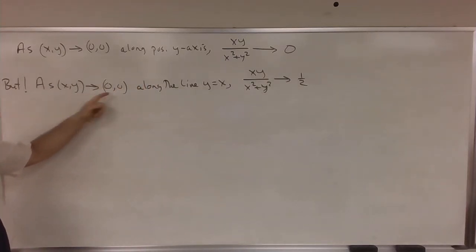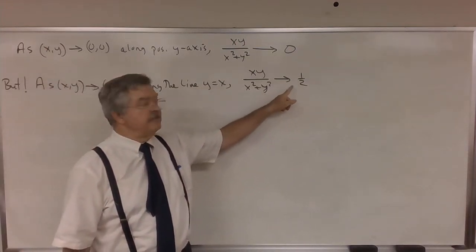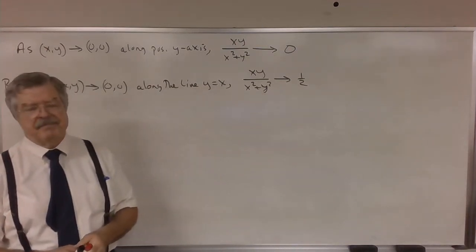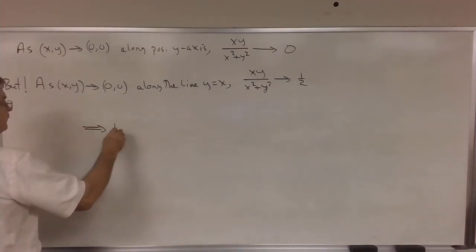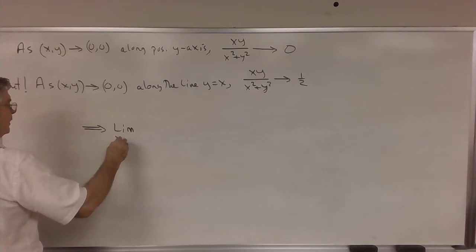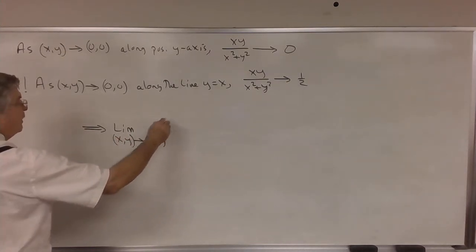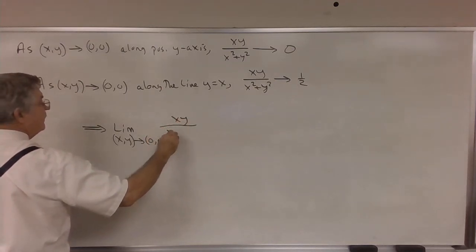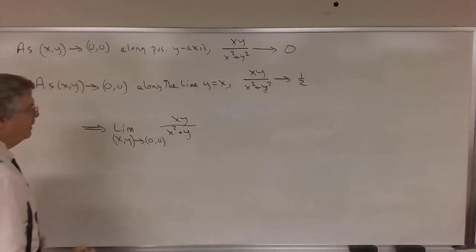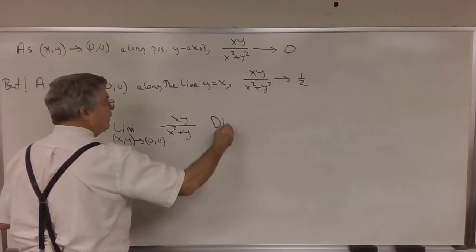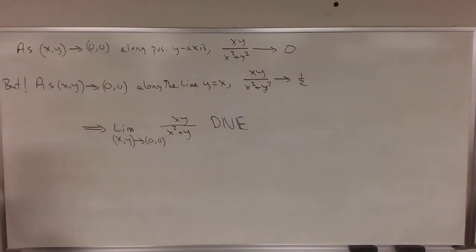As xy approaches the origin along this path, our function approaches the value of 1/2. So that leads us to conclude that the limit as xy approaches the origin of our function w of z does not exist.